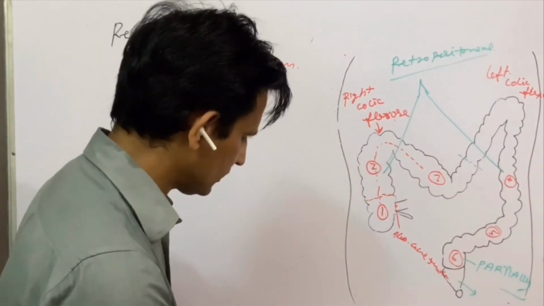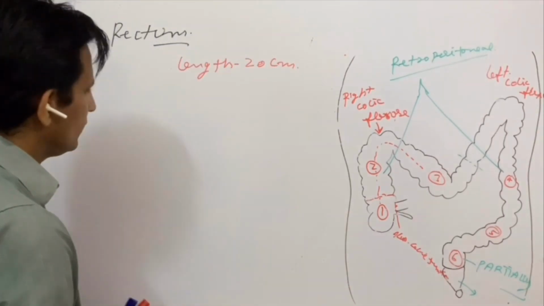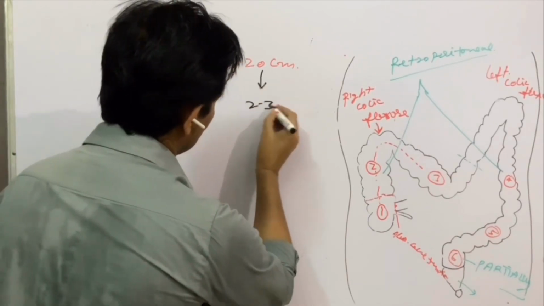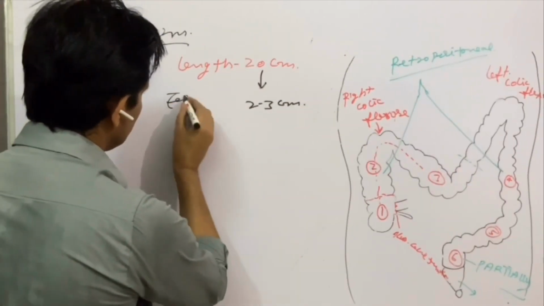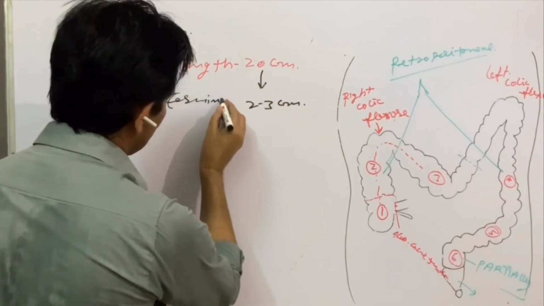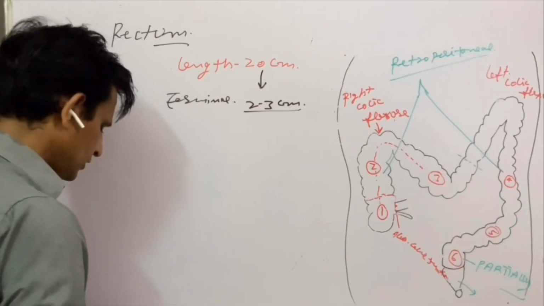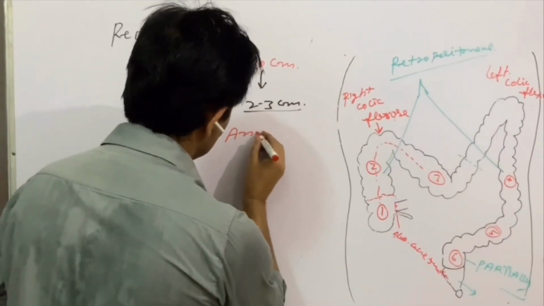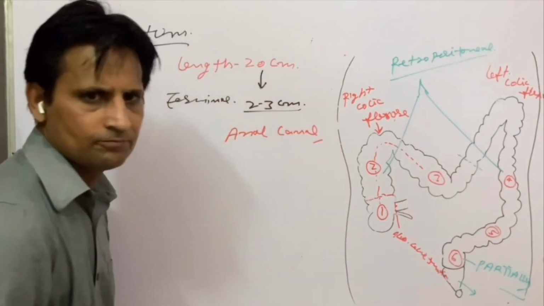So the final 2 to 3 centimeter length, the terminal portion, is known as the anal canal, right?